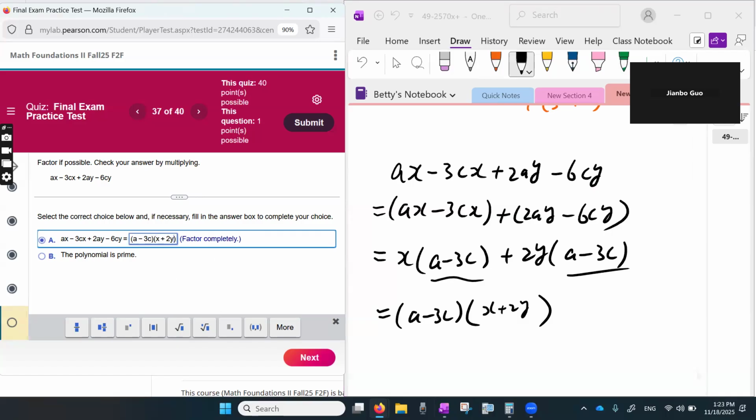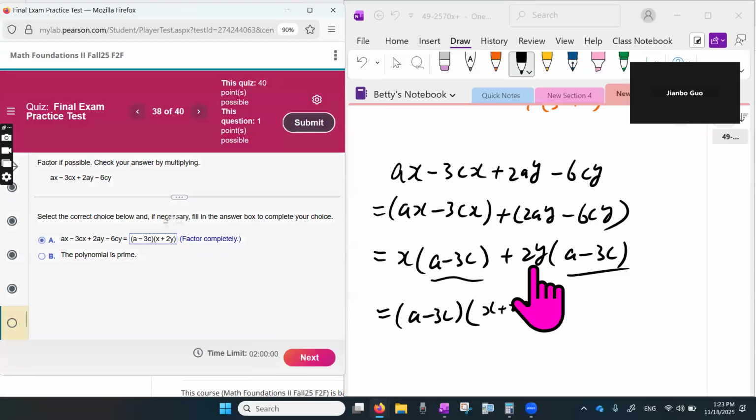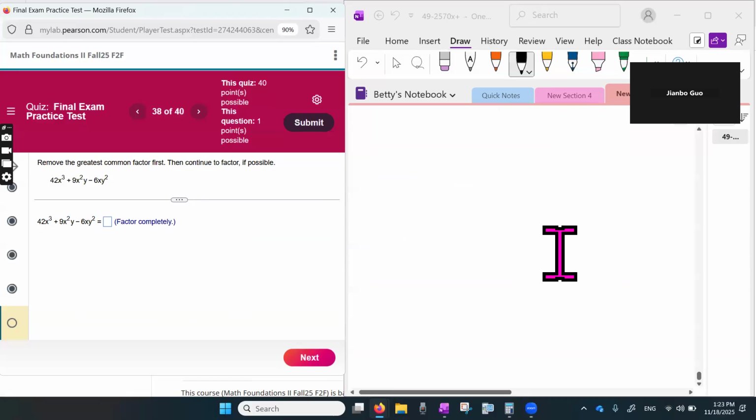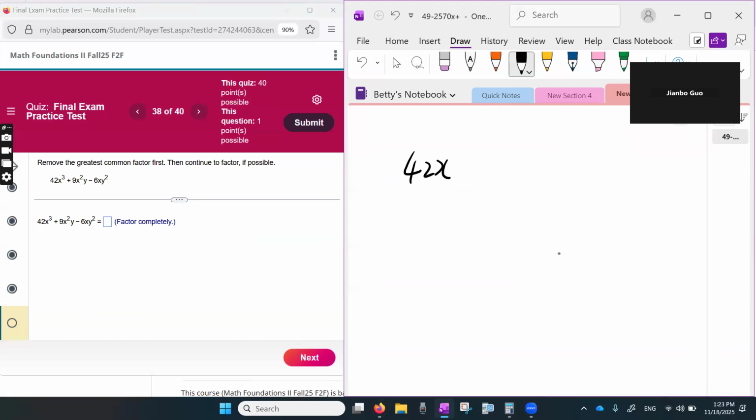Next, 38. I notice GCF x. Let's factor out the GCF first. 42x squared, x cubed. But also notice a GCF of 3: 9x squared y minus 6xy squared.